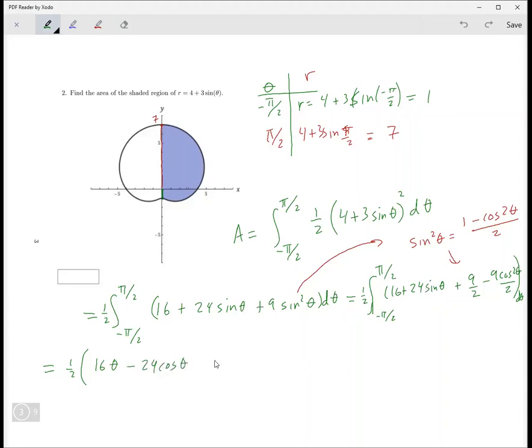So the negative there gets taken out. Then plus 9/2 theta, and then this one is sine 2 theta. When you take your derivative here, you get a 2 coming out, so you want to have a 4 down there to reduce that, and then you have a 9. So that goes from negative pi over 2 to pi over 2.